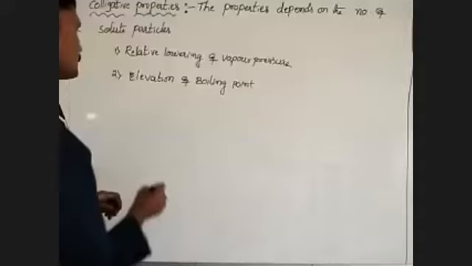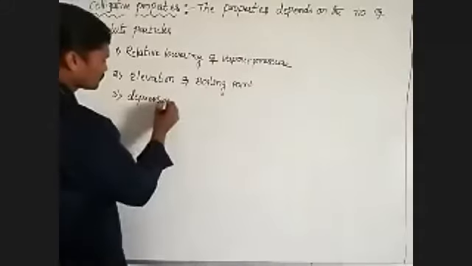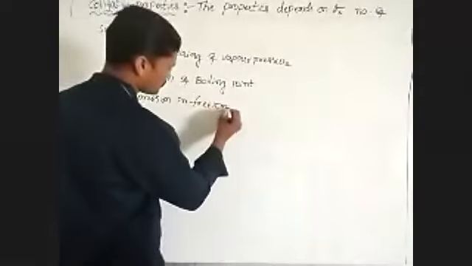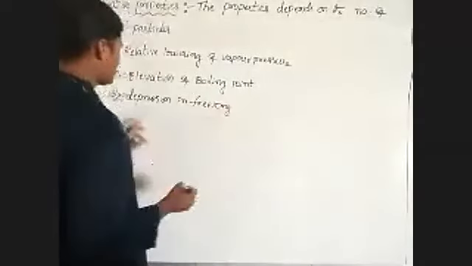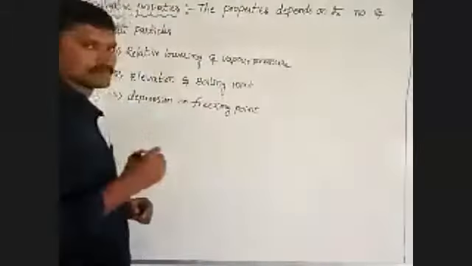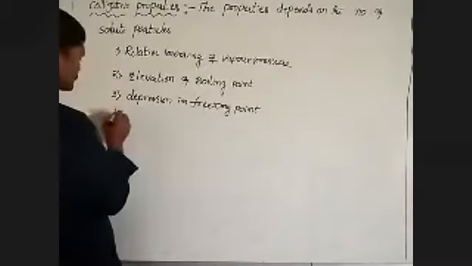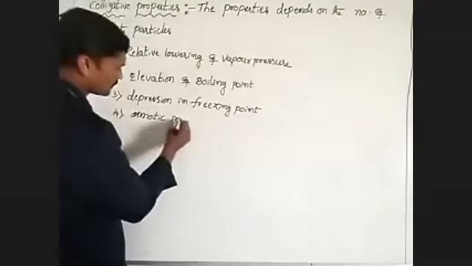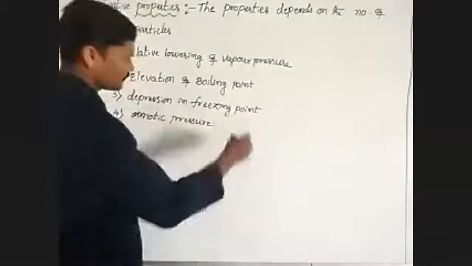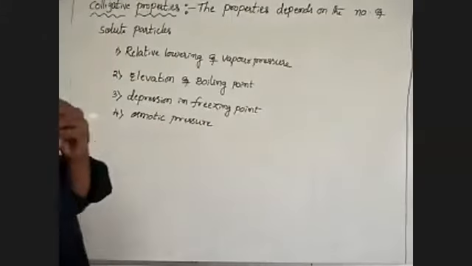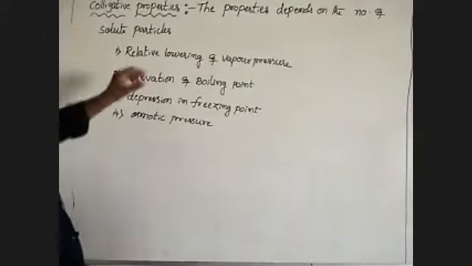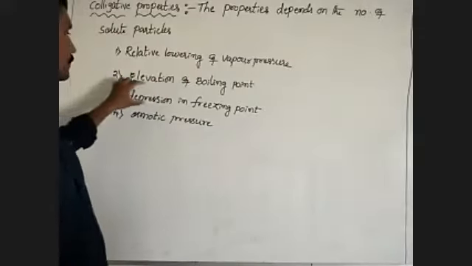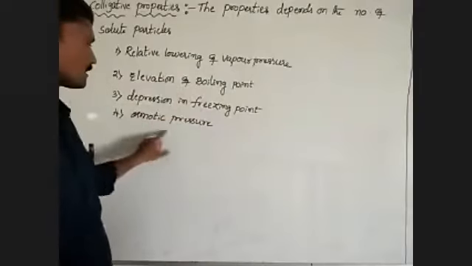Third one is depression in freezing point. Fourth one is osmotic pressure of a solution. These are the four types of colligative properties: relative lowering of vapor pressure, elevation of boiling point, depression in freezing point, and osmotic pressure of the solution.